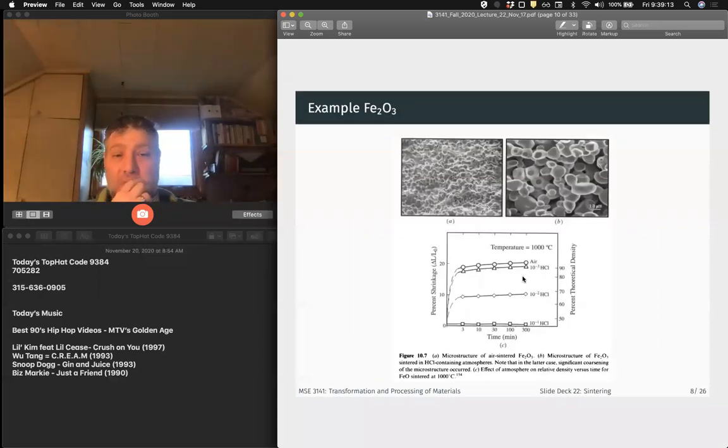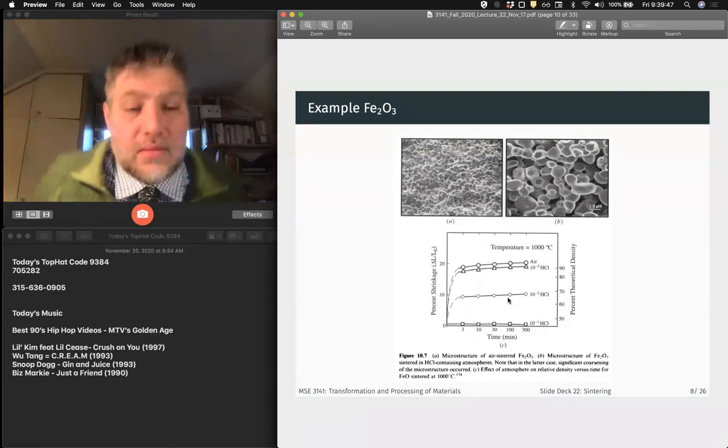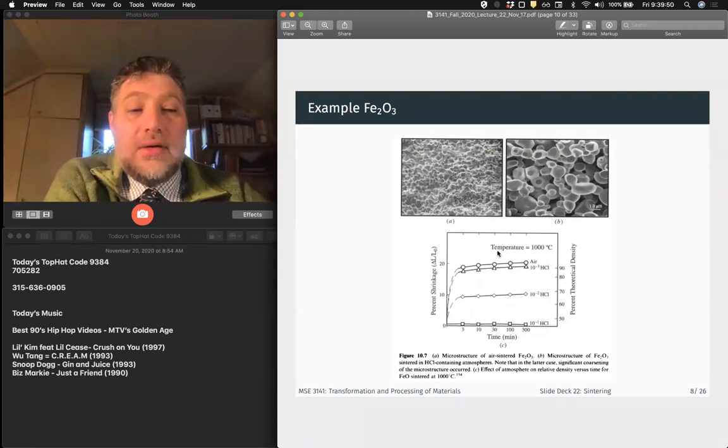Okay, so here we see coarsening versus densification, in this case looking at doped versus undoped.